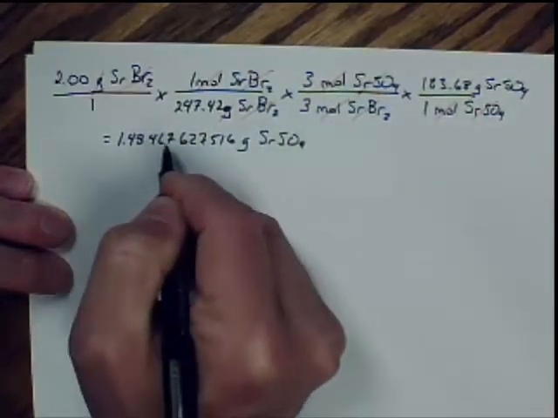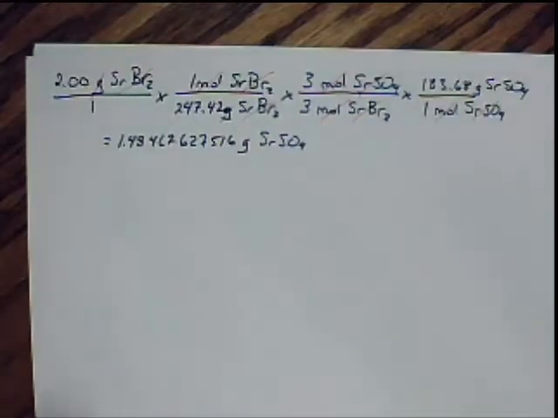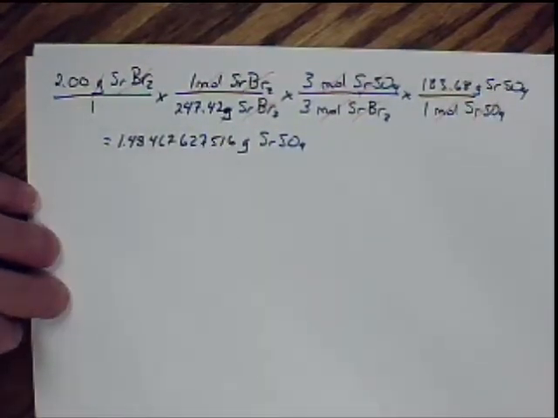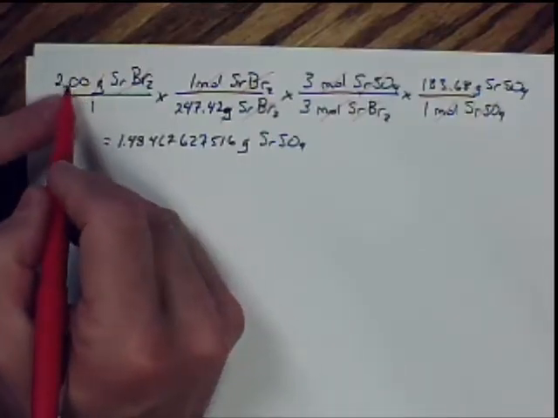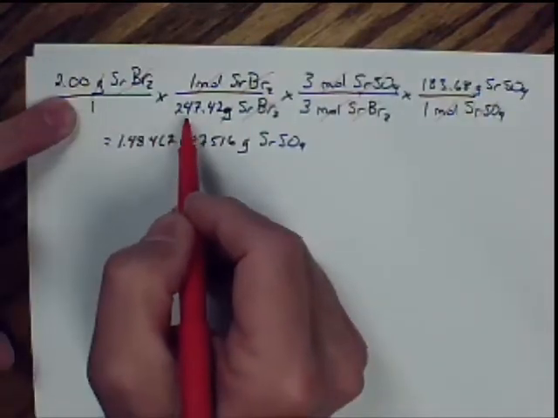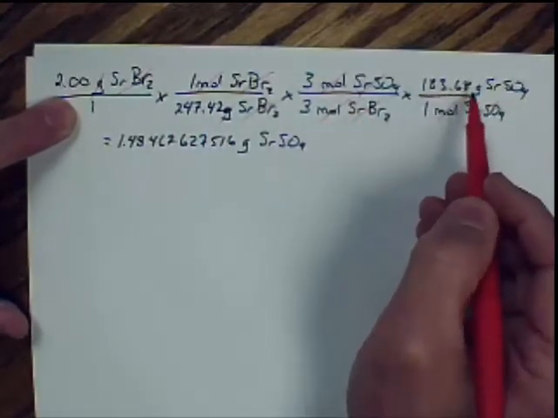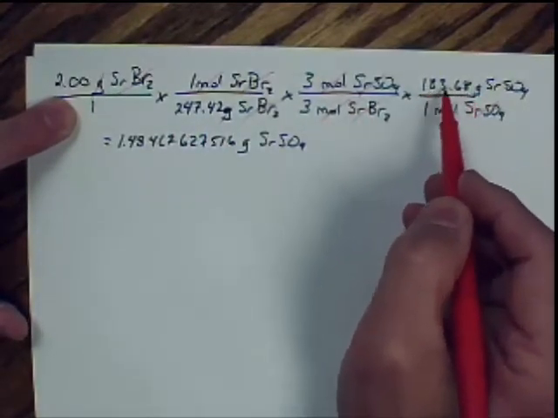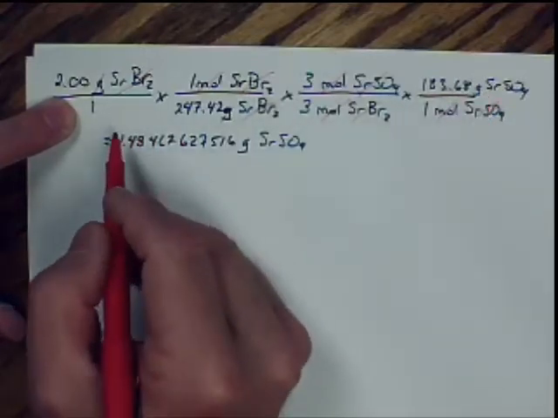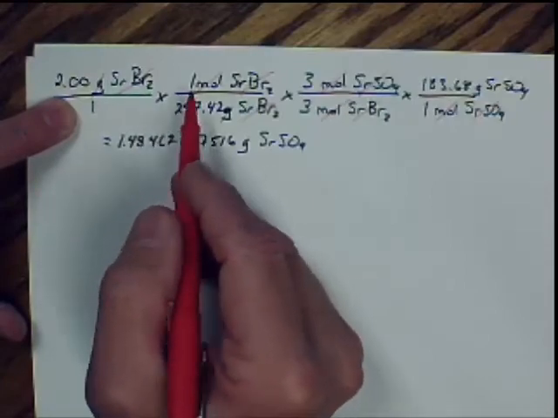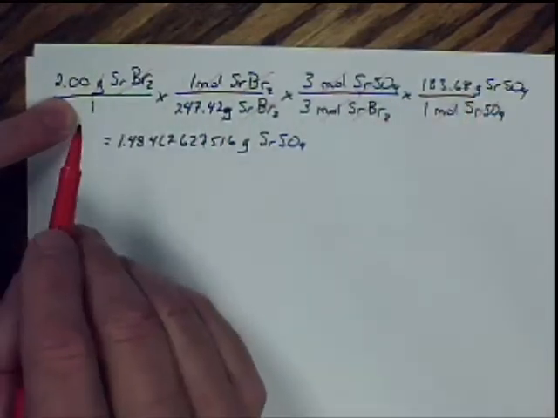Your calculator may show fewer or perhaps even more insignificant digits. What we want to do is round it off to the correct number of significant digits. We have 3 digits in this measured number, 5 significant digits in this calculated number, 5 significant digits in this calculated number. So we want our final answer to match the number of significant digits of the measured or calculated number with the least digits.